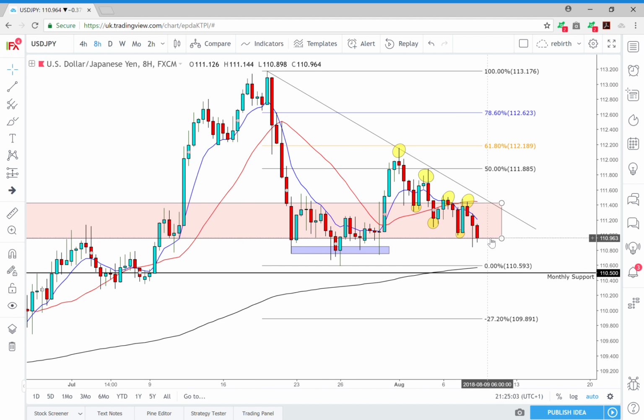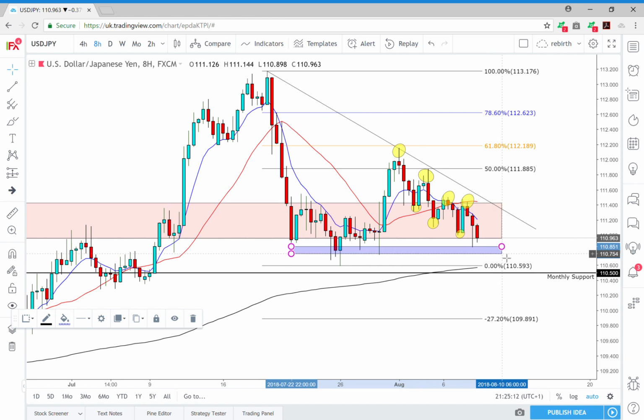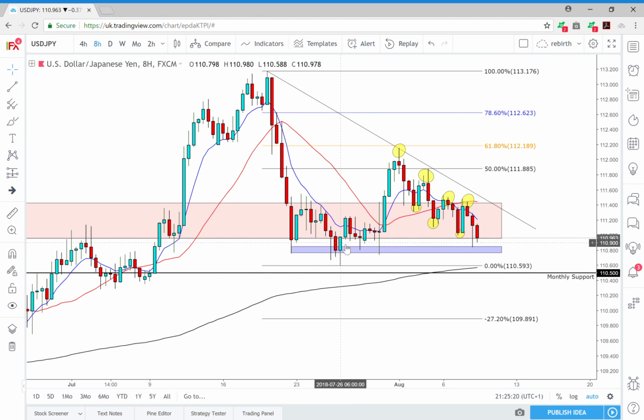However, we are struggling to break out of this refined zone, and we could actually extend this slightly further. There you go. That's just a small area of daily support. As you can see, it's been holding price quite nicely along here.